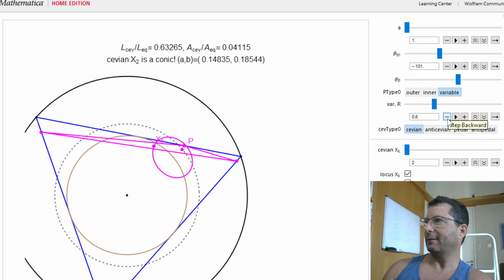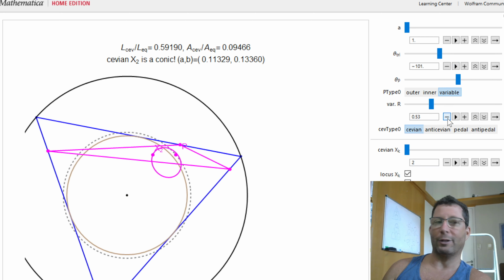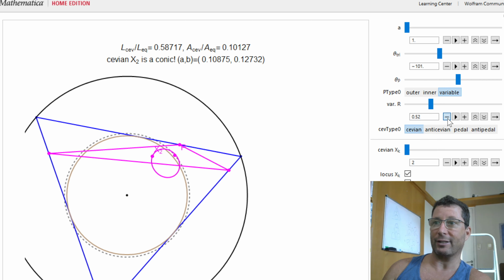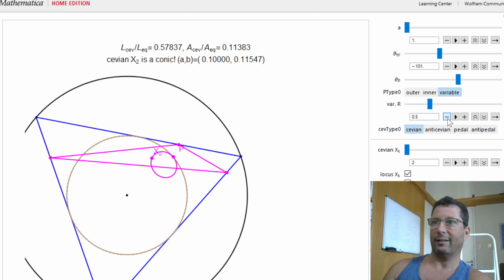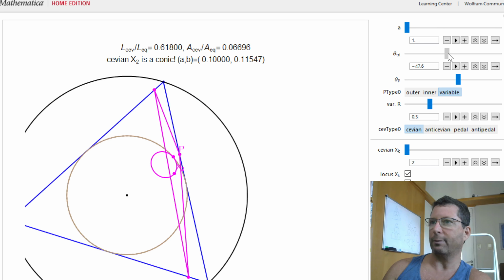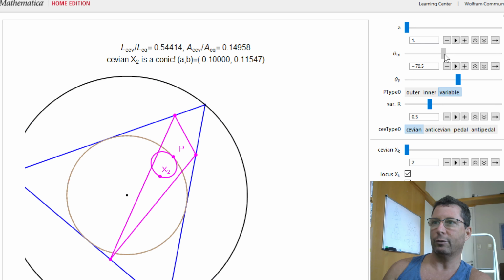It's going towards that other phenomenon we saw when P is exactly in the inner ellipse: x2 is an ellipse tangent to the incircle at P with one of the semi-axes equal to the circumradius, big R, divided by 10. So this is the situation we saw in the previous video regarding x2 of the cevian.